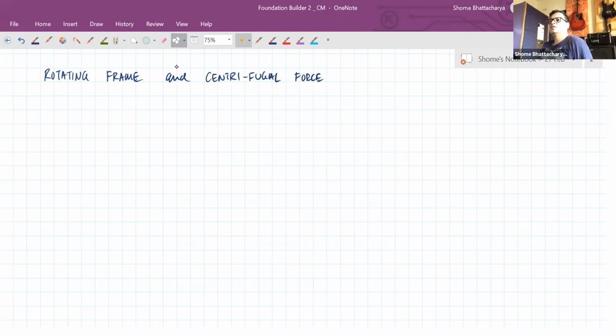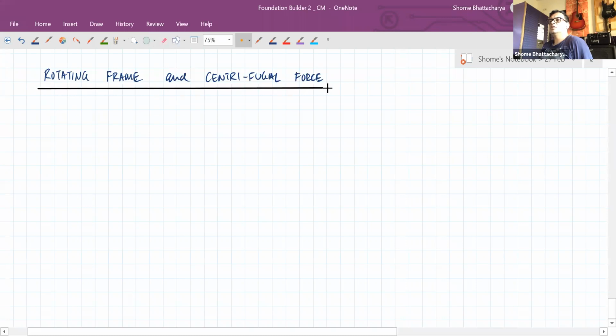The idea of this is related to Newton's laws, which you studied earlier. Just like when a body or a particle is in a non-inertial frame, it experiences pseudo force, when a particle or body is in a rotating frame, it experiences a type of pseudo force called centrifugal force.